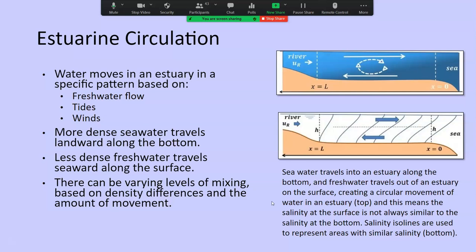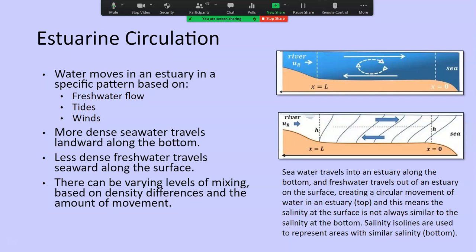Water moves in an estuary based on a specific pattern, based on the flow of fresh water into that estuary, the tides, and the winds. So all of these things can change patterns of flow and can change how these different fluids are mixing. We get more dense seawater traveling landward along the bottom.